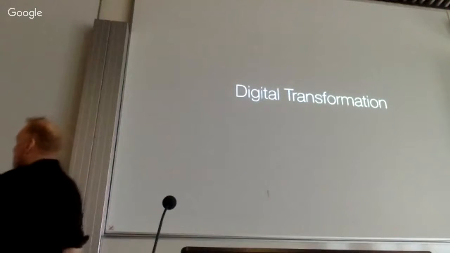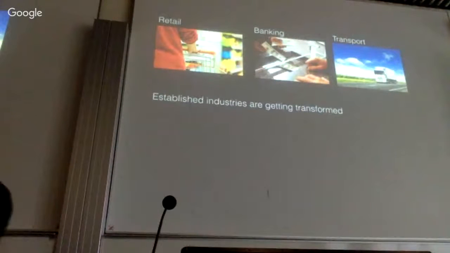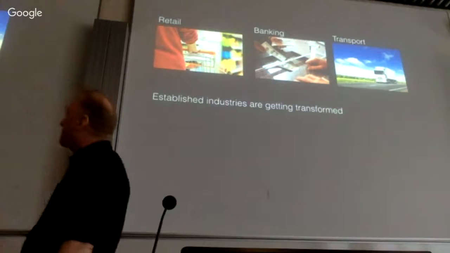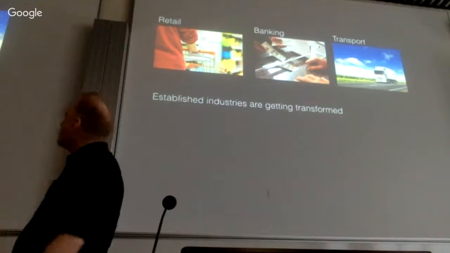Okay, digital transformation, the last topic. All of these industries, retail, banking, transport, they are getting transformed. And this guy says retail guys are going to go out of business, and e-commerce is going to become a place where everyone buys. We're in this pre-retail death, so things are really, really changing.